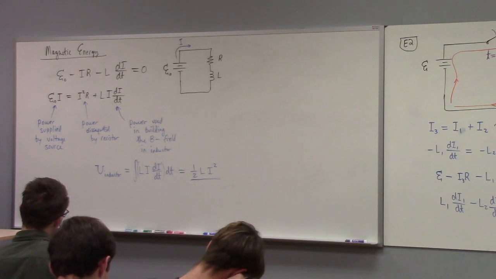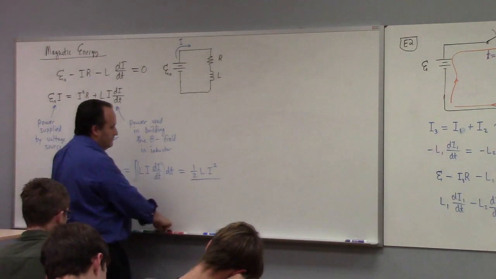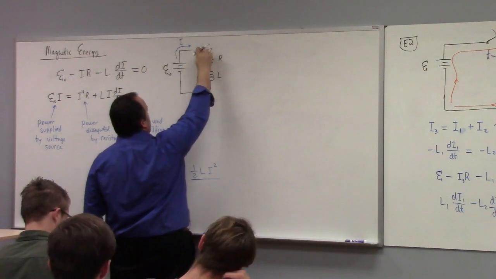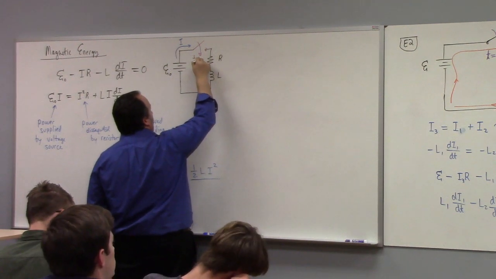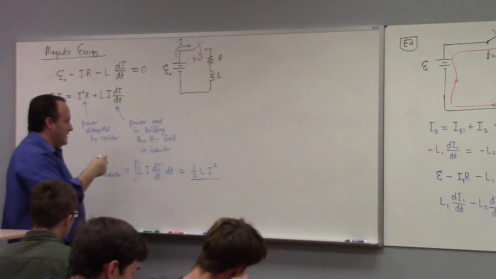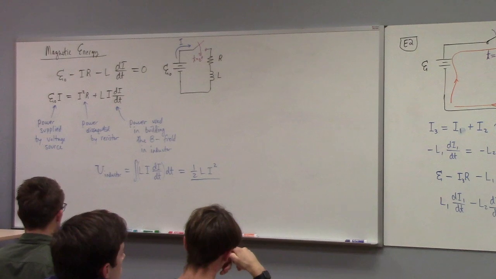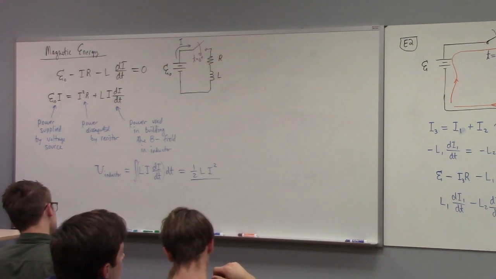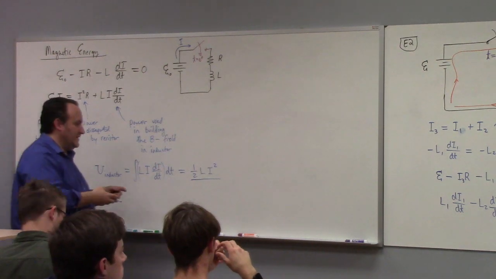So if this circuit was set up so that initially the switch was open, then what would the situation be? Well, initially there's 0 energy in the inductor, right? And then after a long time, what would the energy be in the inductor?